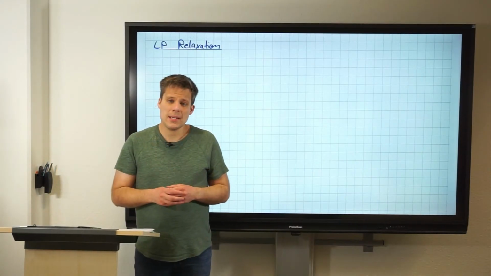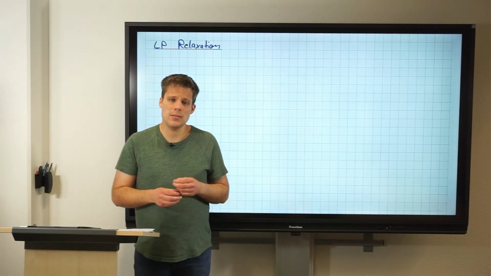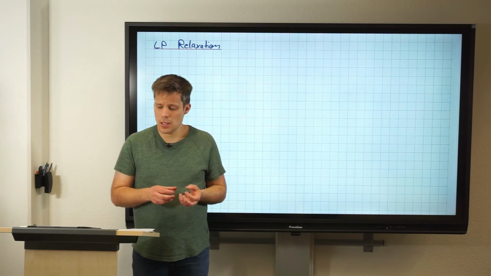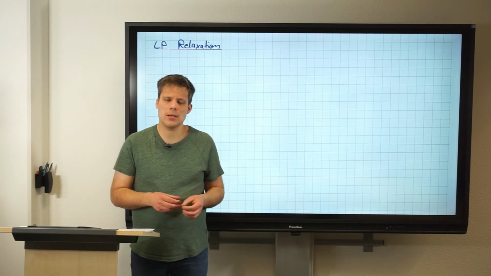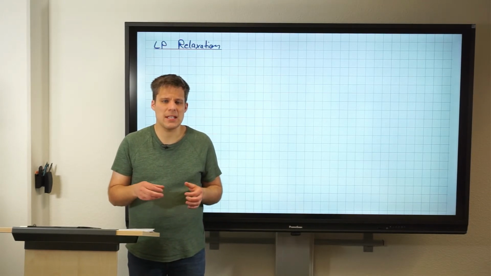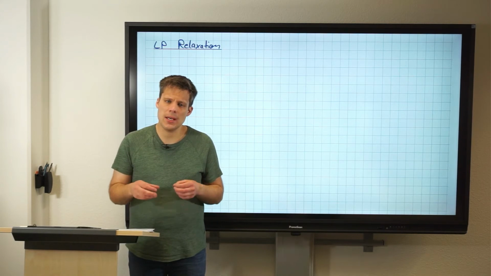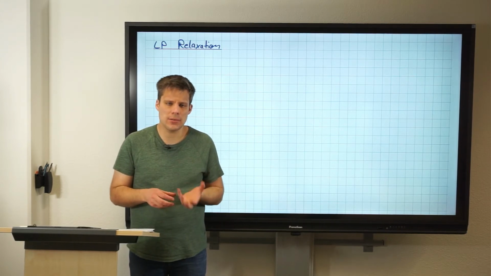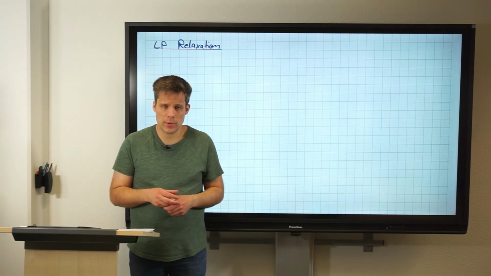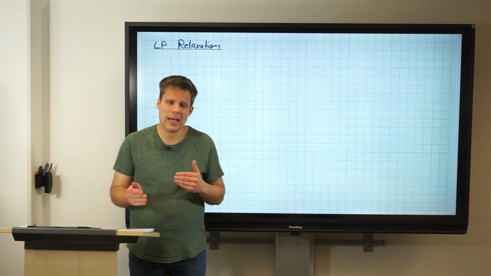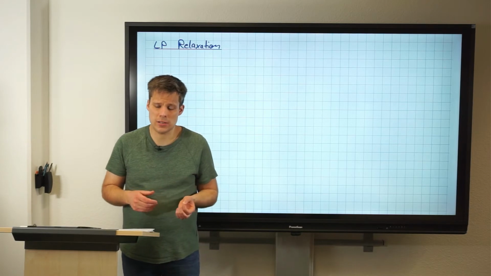What we want to do next is introduce the relaxation of this problem as a linear program. To this end, we'll first write down the set cover problem as an integer linear program, and then we'll get rid of the integrality conditions to have a linear program for which one can, in principle, also use fractional values.